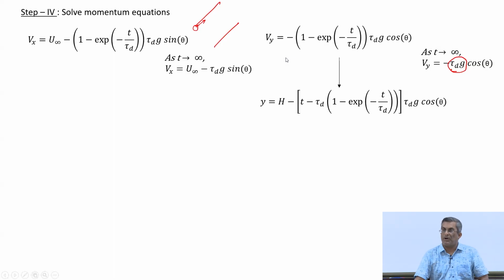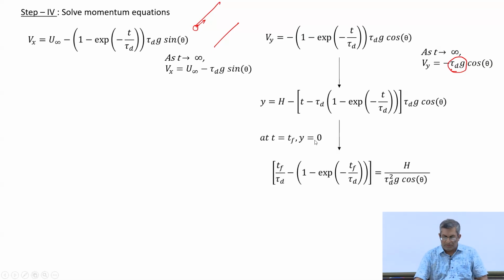For that purpose, first we have to solve the y momentum equation. We have to integrate this equation for the y component of velocity and get the expression for y. And then if we put y is equal to 0, then we will get the time required for this particle to settle, and you get this expression.